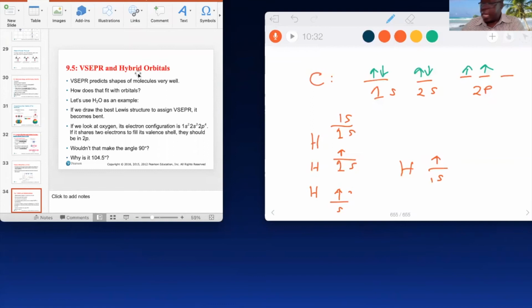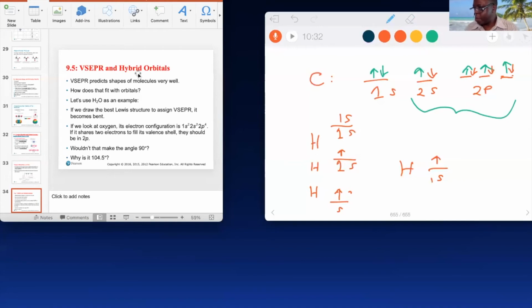The hybridization now is, we will have to promote this electron. We take this 1 electron and promote it to the shell. We end up with 4 unpaired electrons, and each electron will pair up with each hydrogen.